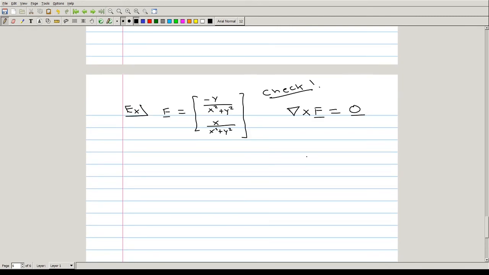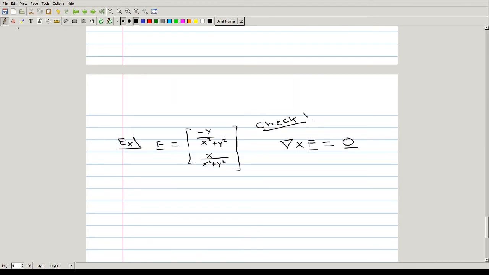And you'll remember that we had that previous theorem that was proven. So recall, if a vector field F is conservative, then the curl of F is equal to 0.